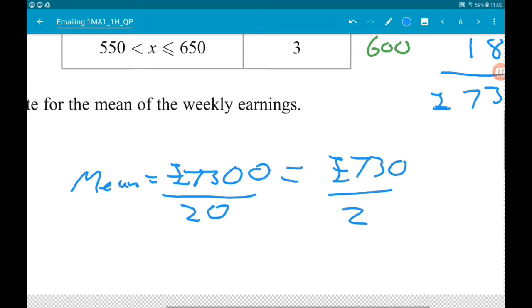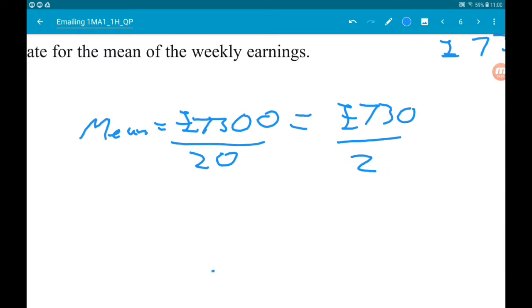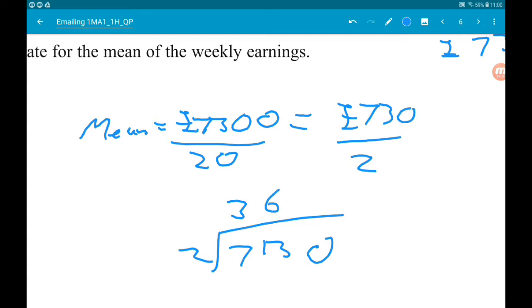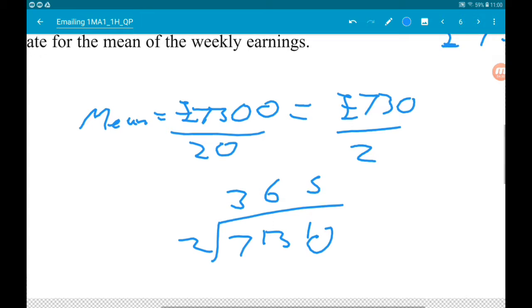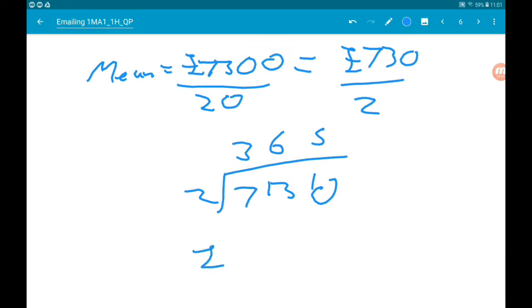And then we can use the bus stop for that. 2's into 7 go 3 times, 1 remainder. 2's into 13 go 6 times, 1 remainder. 2 into 10 goes 5 times. So we get £365.